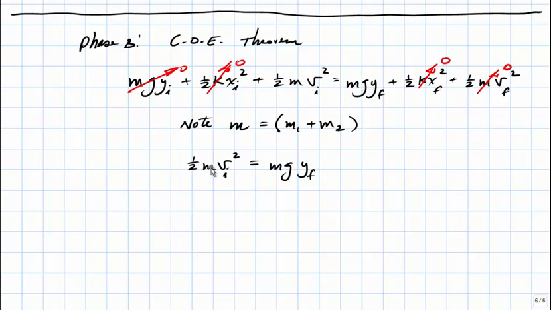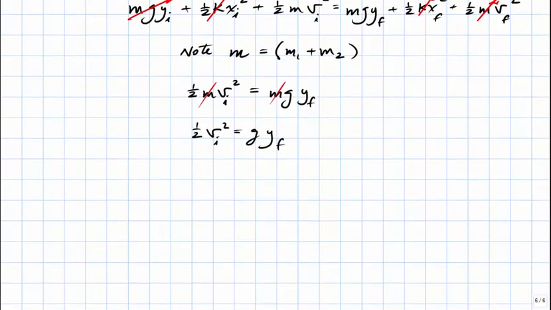Now, we have the same mass, basically the mass of the system, appearing on the left and right side of the equation, and therefore we can cancel that mass. And the equation reduces further to 1/2 v initial squared equals g times y final.